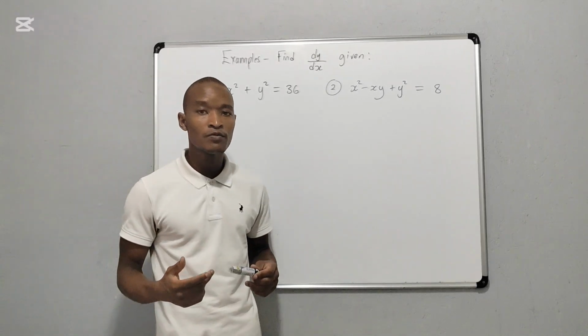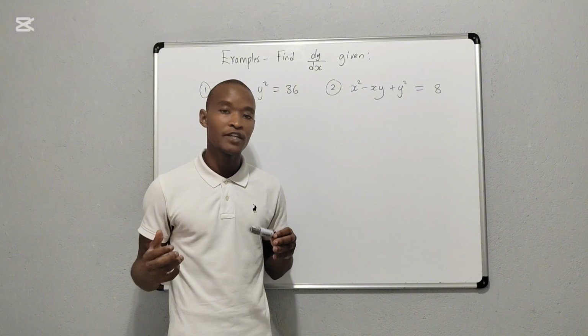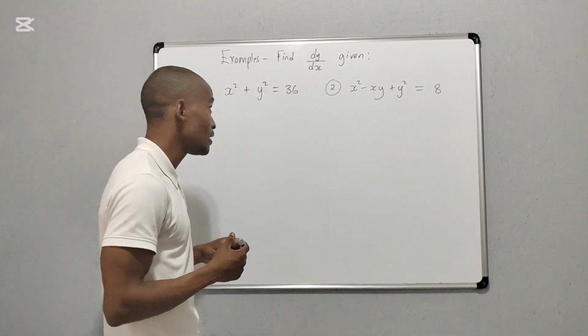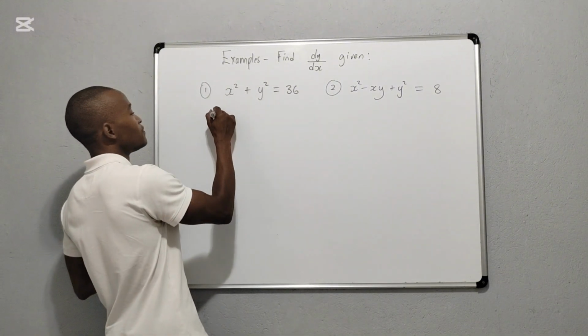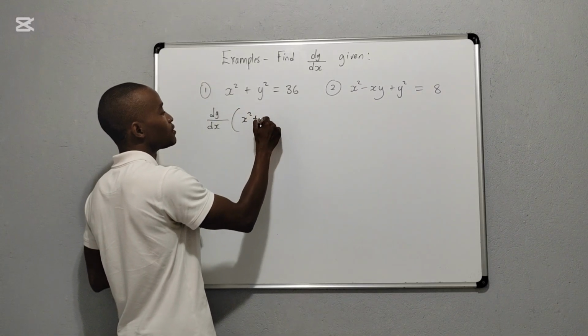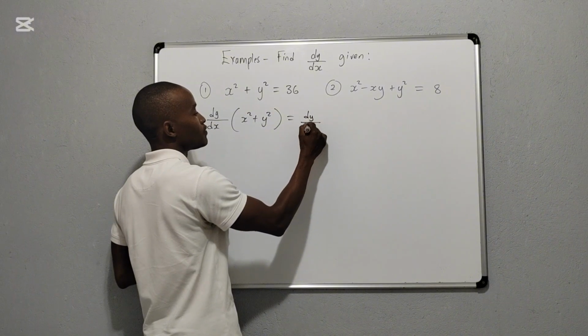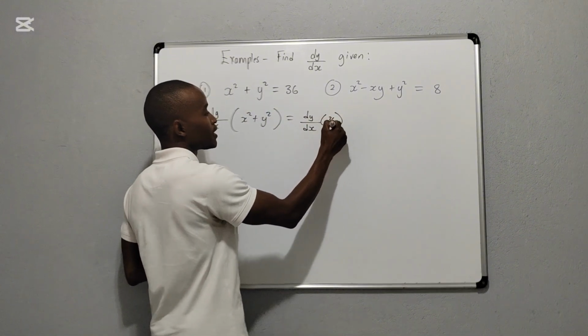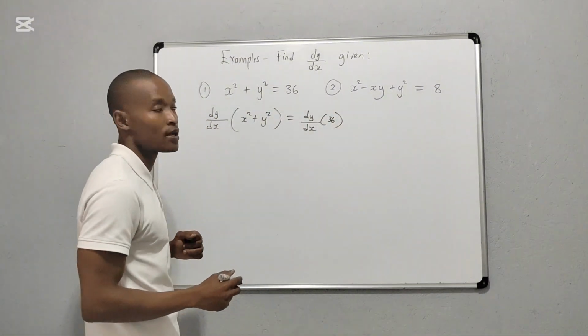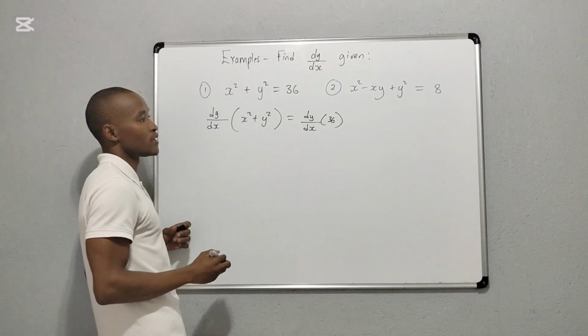Now, the procedure to follow is that step 1, you need to differentiate both sides. Okay, so in other words, find dy over dx for your left hand side and dy over dx for your right hand side.